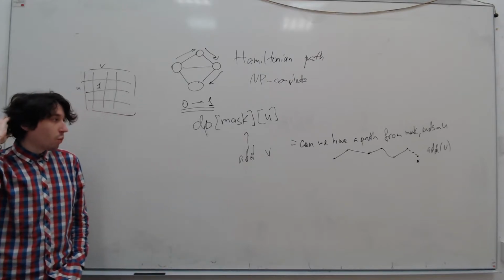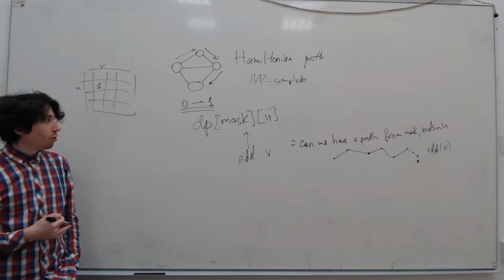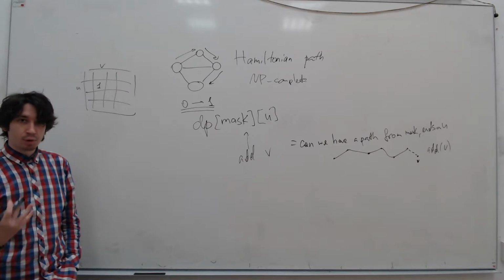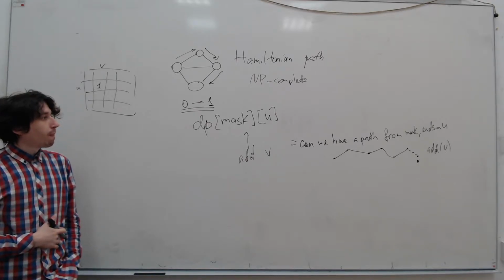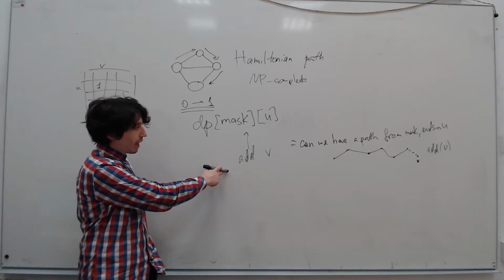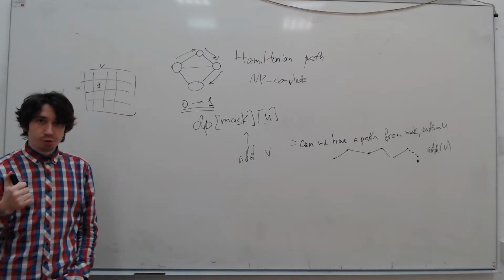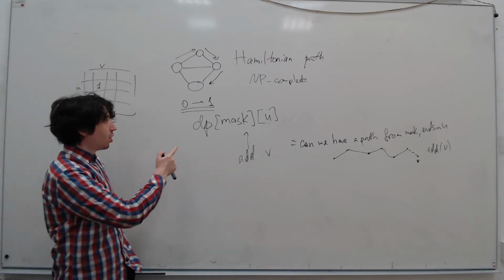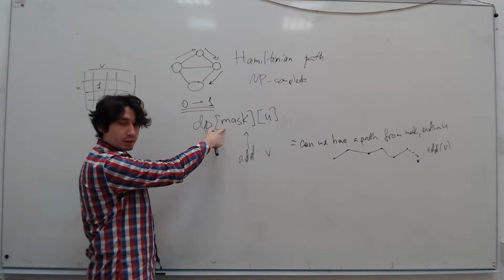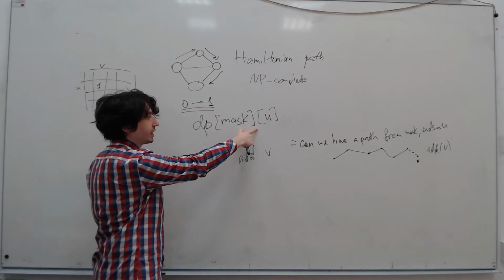That is when you will iterate through all your dynamic programming states. You want to try to add v, and you need to check two conditions. It doesn't lie in the mask, and it is connected to u.